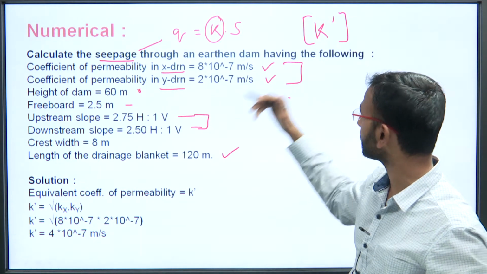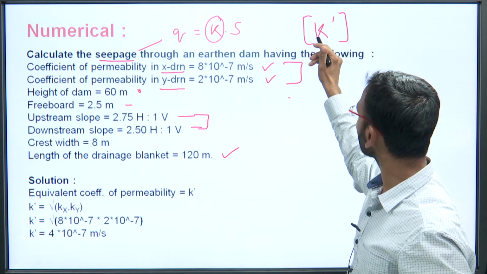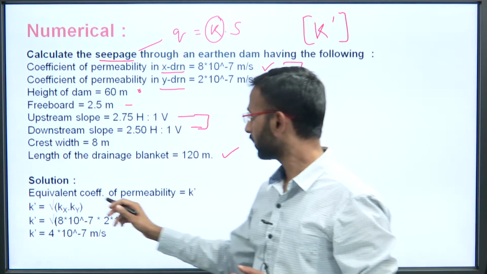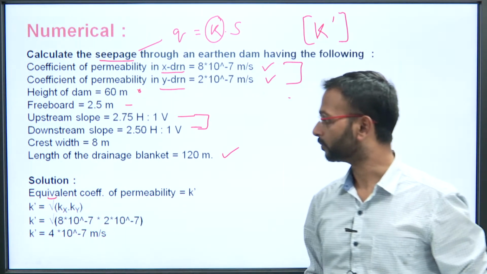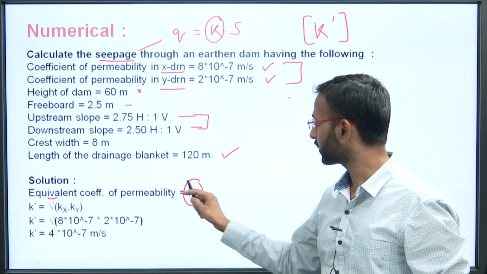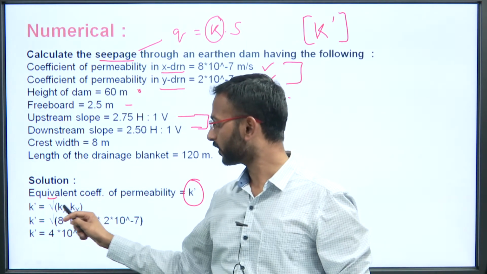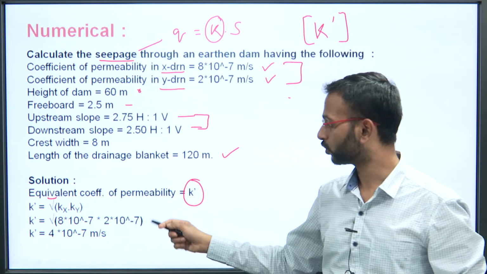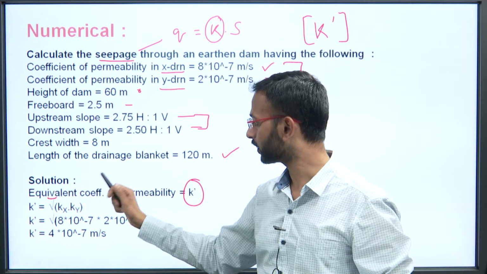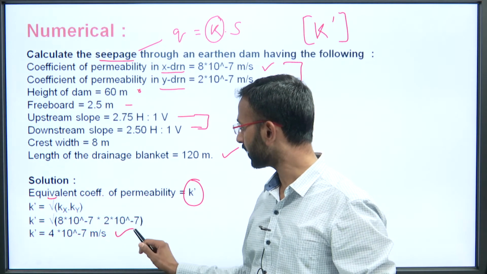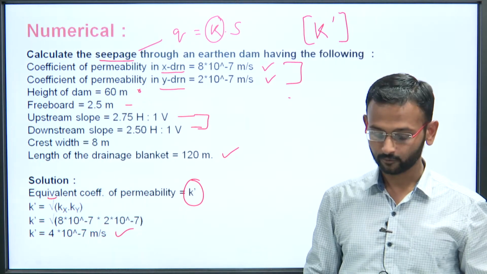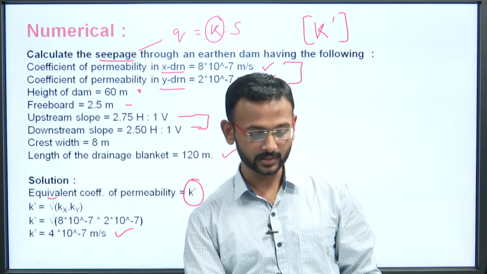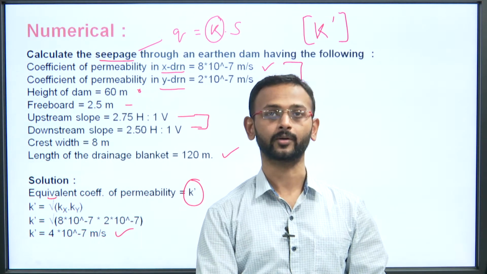It is the coefficient of permeability, that is the effective, equivalent value. So, this K dash can be found out by root of Kx into Ky. So, we found out the equivalent coefficient of permeability by applying this formula, K dash is equal to root of Kx into Ky.